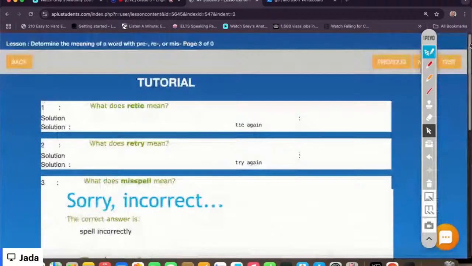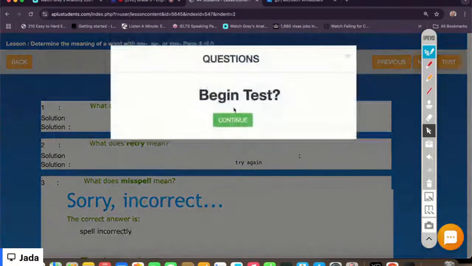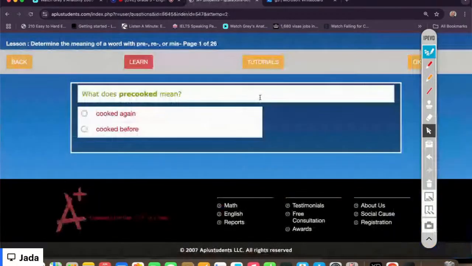All right, let's go to the test. You can share your answers if you know them. So what does pre-cooked mean? Cooked again or cooked before?